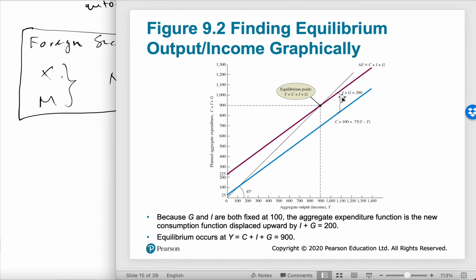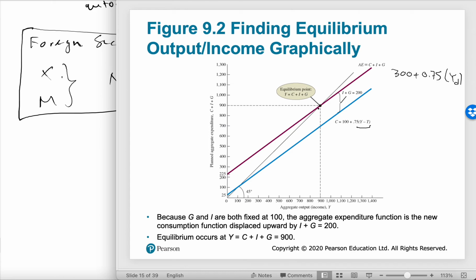And then we top up the investment and the government spending, each 100, so it becomes 300 plus 0.75 YD. Or this is basically 100.